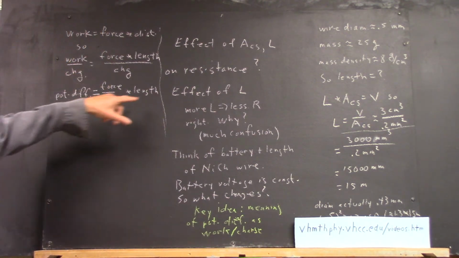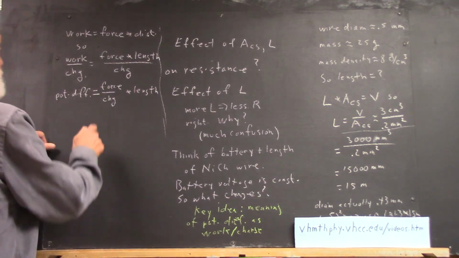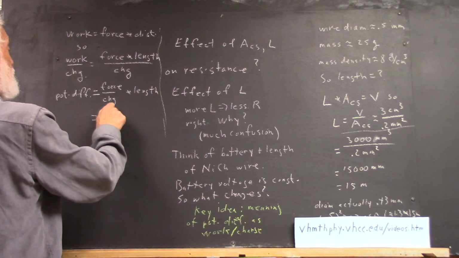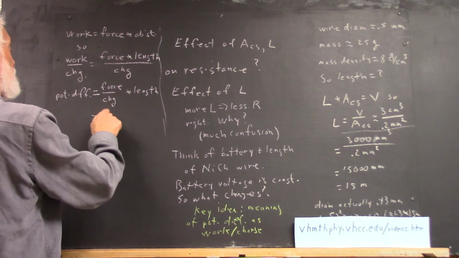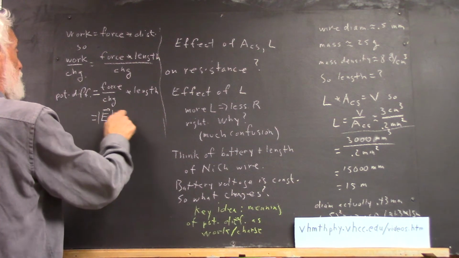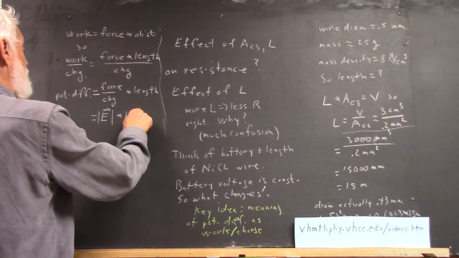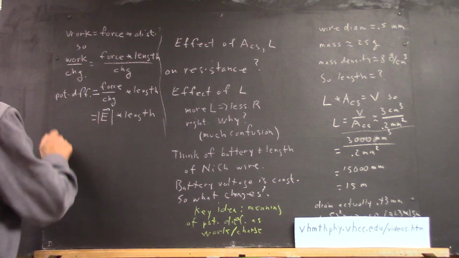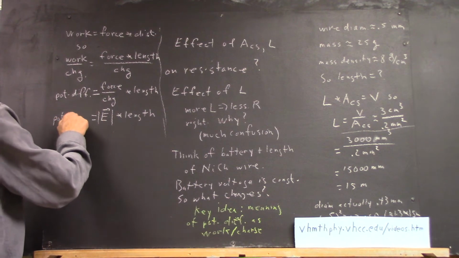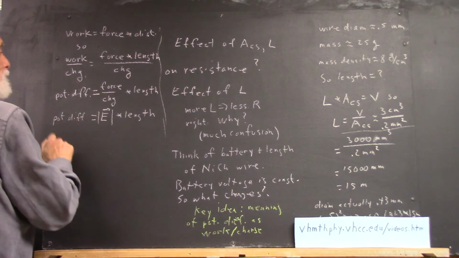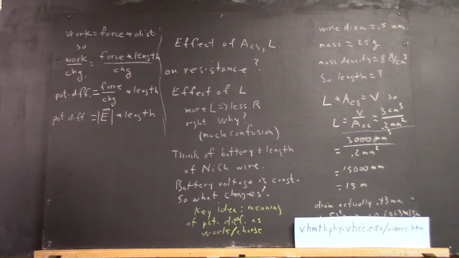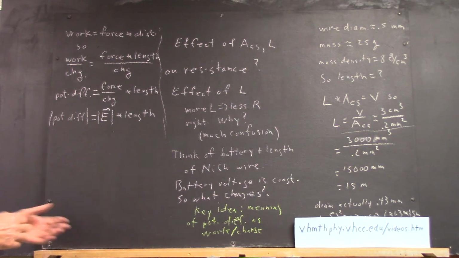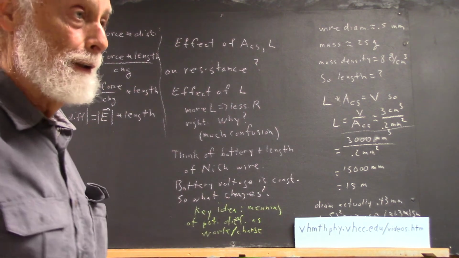But potential difference is force per unit of charge times length. I'll just say magnitude of electric field times length. Okay? And from the fact that your potential difference is magnitude of your electric field times length, that's the magnitude of potential difference now, because we're not interested in direction right now. Okay?